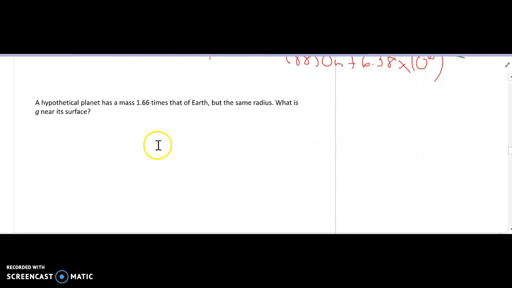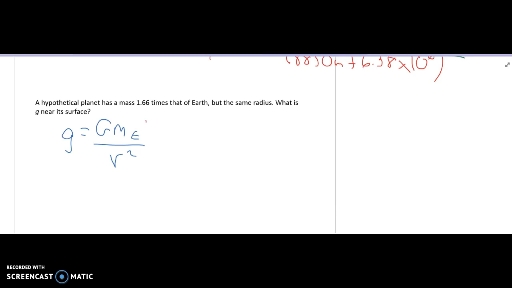The next problem, right, we have a hypothetical planet. It has a mass of 1.66 times that of Earth. What is g near the Earth's surface? Well, we saw you can do little g equals big G, mass of Earth, over r squared, and you could plug in the numbers for that. Or we could do our other strategy we practiced a lot now.